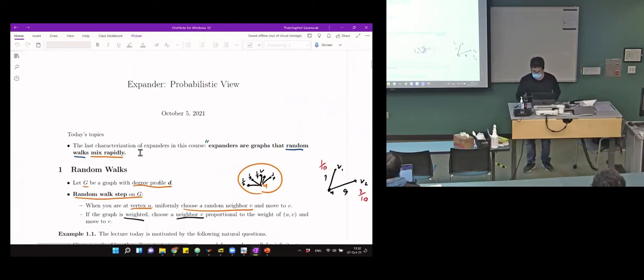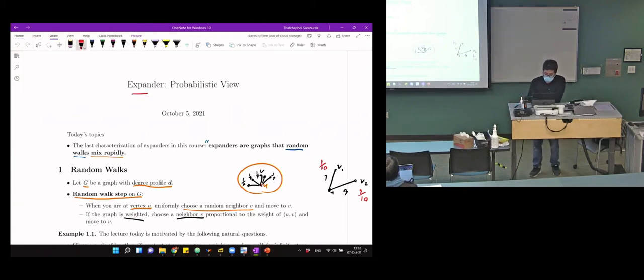Okay, so let's start. So last time on Tuesday, we have seen the probabilistic view of expander. Basically, we have talked about random walk and lazy random walk.